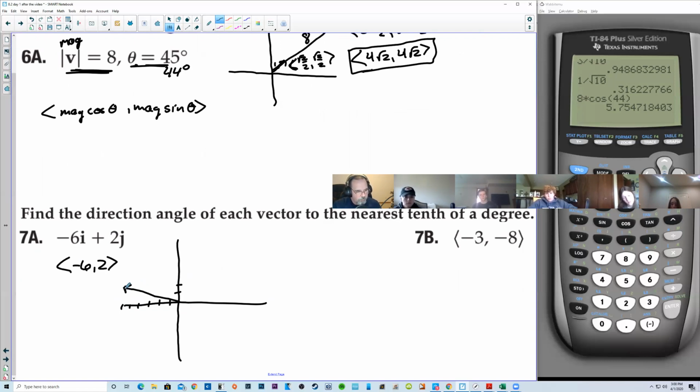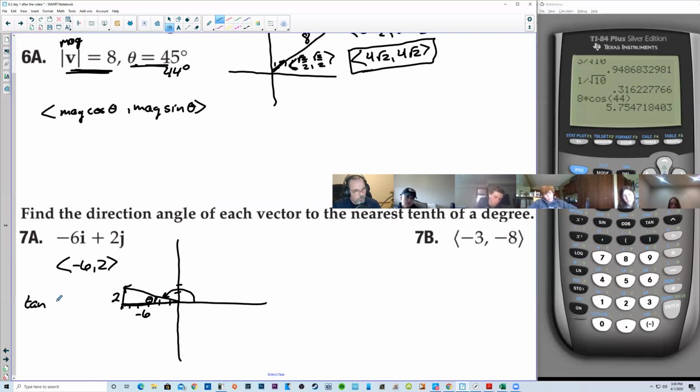Well, we have a right triangle right here. We can make a right triangle, and we really want this angle right there, but we're going to use what's called its reference angle. So if this is -6 and this is 2, then we know that the tangent of the angle in here, the reference angle that we're going to use, is opposite over adjacent.